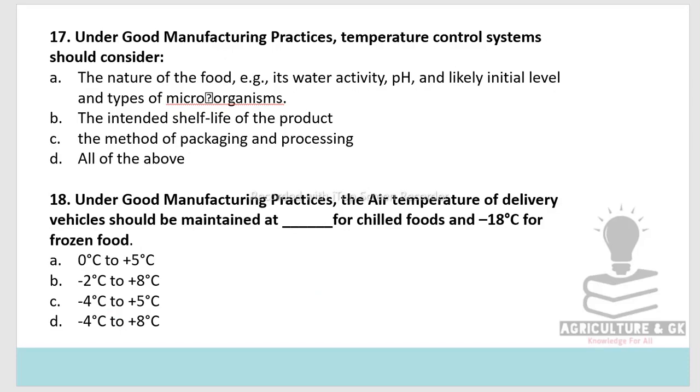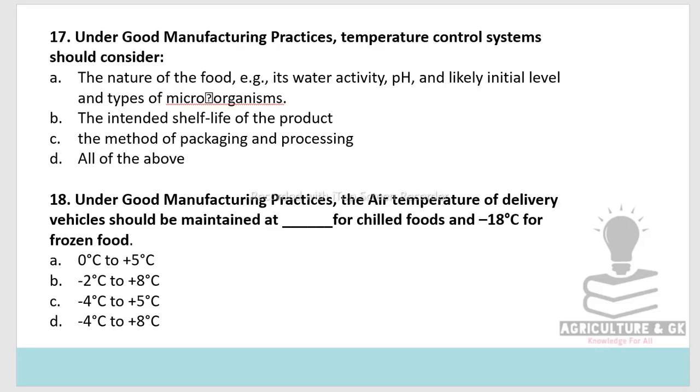Now moving next. Under good manufacturing practices, temperature control systems should consider the nature of the food, example, its water activity, pH, and likely initial level and types of microorganisms, the intended shelf life of the product, the method of packaging and processing, or all of the above.